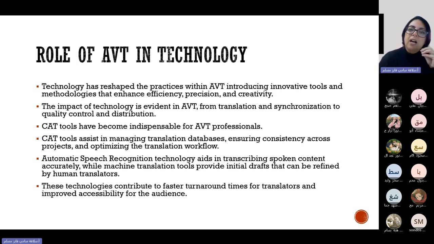Because they don't waste time, they are more accurate. Of course, they do need the human touch to correct some of the things, but they shrank the time needed to do these translations. They help in managing translation databases, which is good.